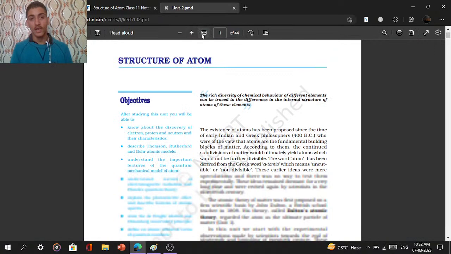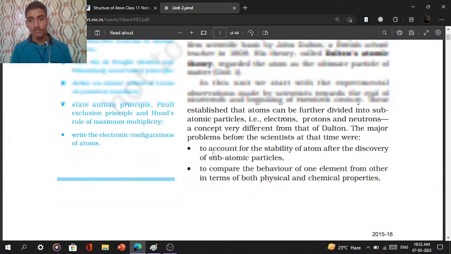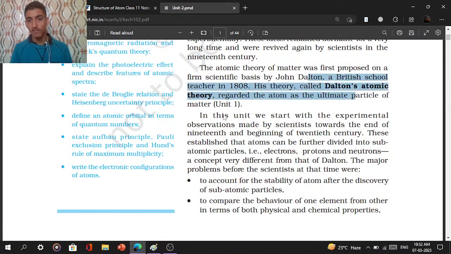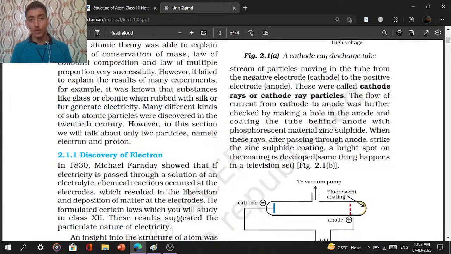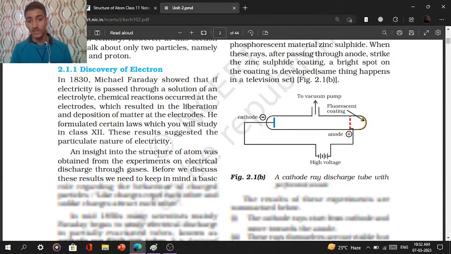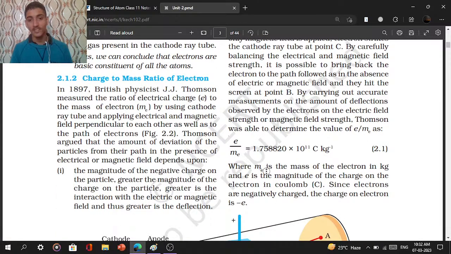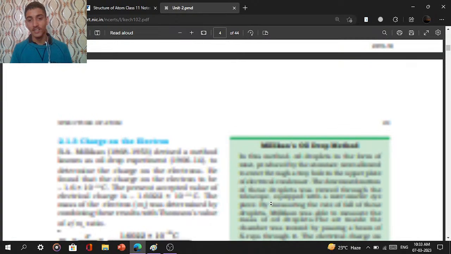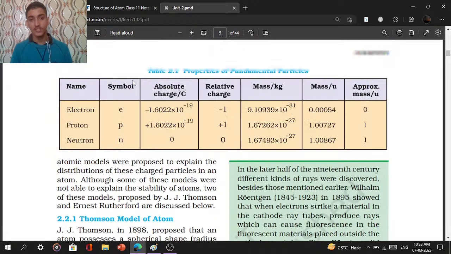I also opened the book so that I can tell you what this is. Dalton's theory we have done, its postulates, then subatomic particles, discovery of electrons. I think it's the third time I'm explaining this. So, relative charges and absolute charges.